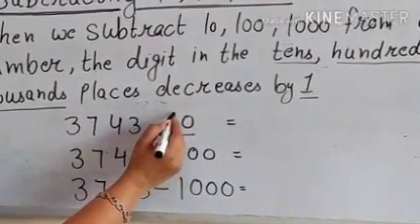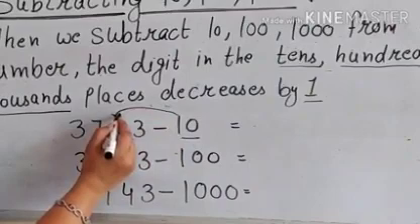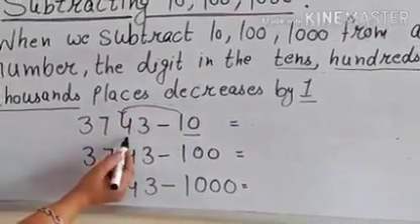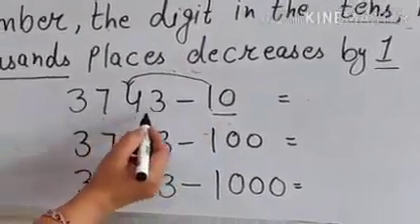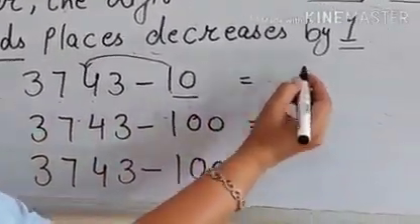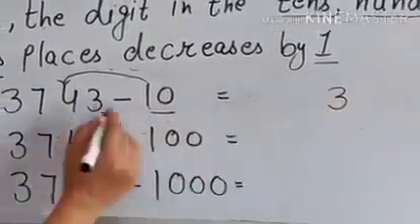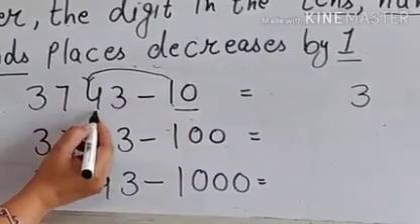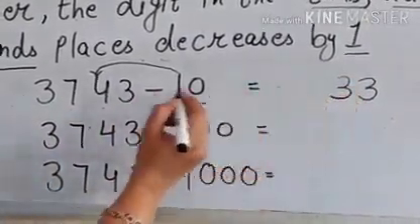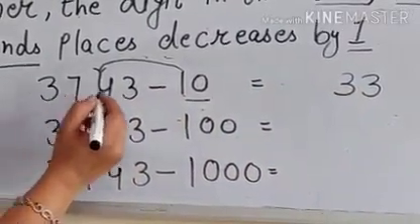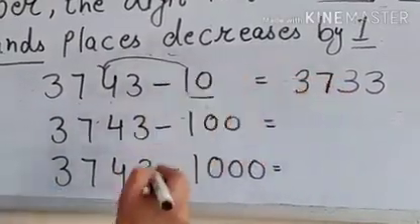Here, this 1 we will subtract from the tens place. Here on the tens place we have 4. We will subtract 1 from 4 and we will get 3. So the first number, that means the 1's place number, will be the same, 3. And when we subtract this 1 from the 4, we will get 3. And the next digits will be the same, 7 and 3.